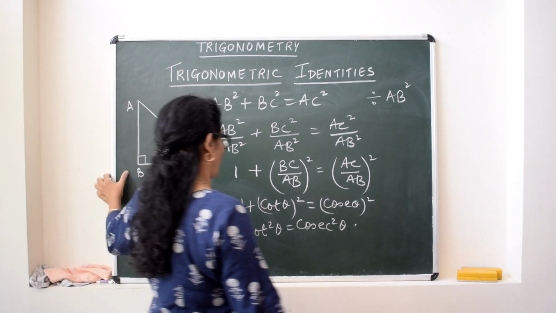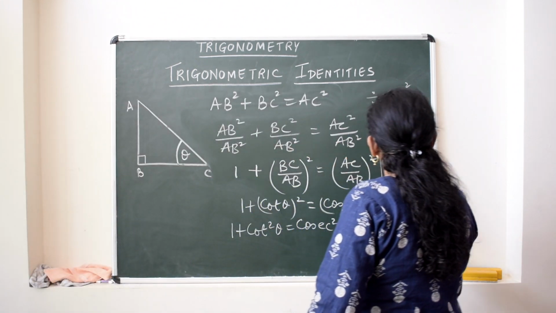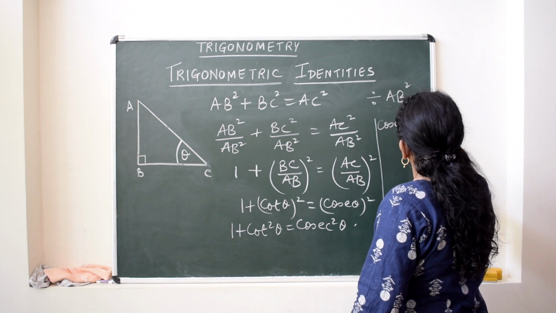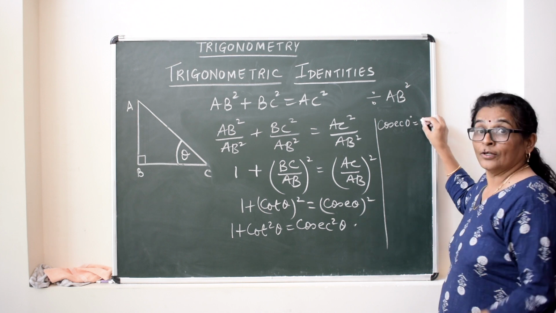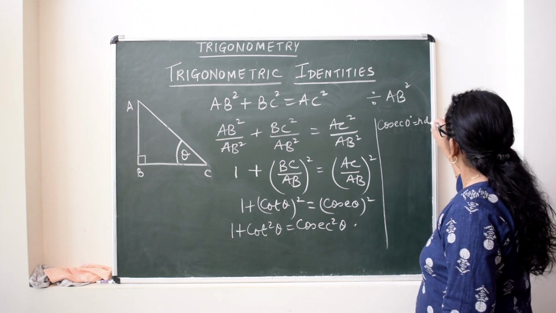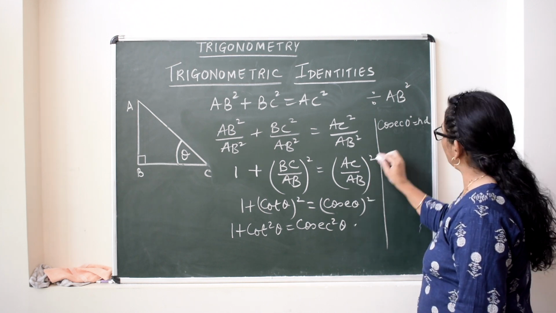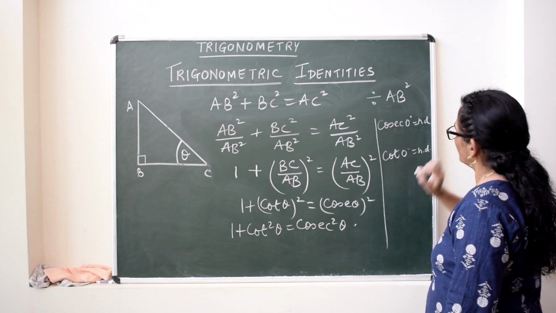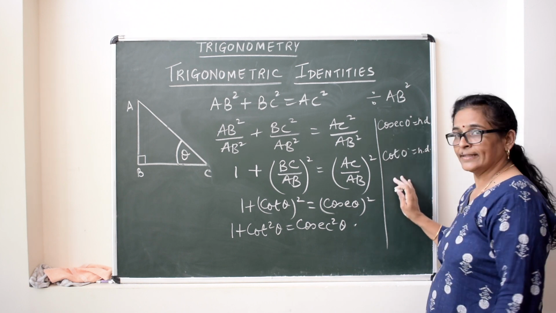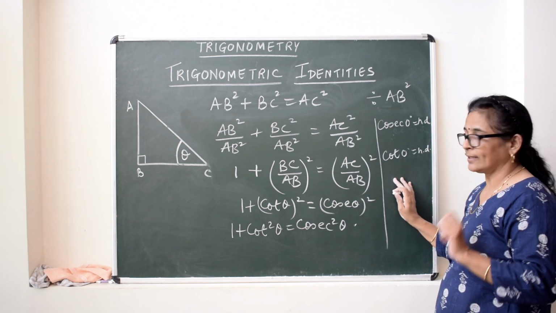Now see, cosec 0 degree is not defined, and similarly cot 0 is also not defined, but for 90 degrees they are defined. So what can we take?